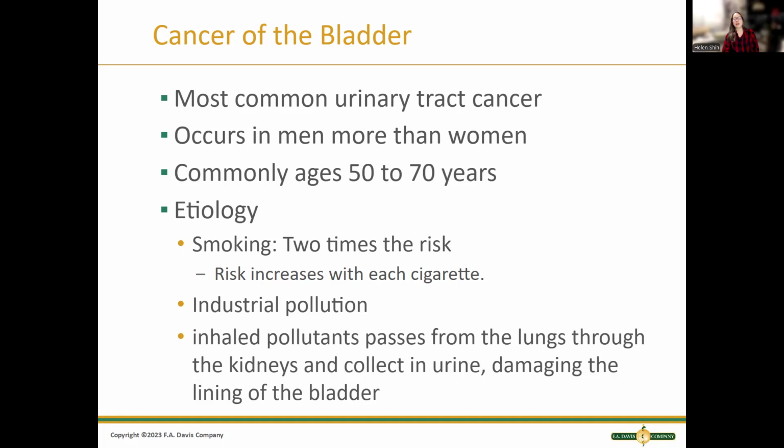So you're inhaling all these pollutants, they're toxic for you, they get into the kidneys, they get filtered out by the kidneys, and they're now sitting in the bladder as urine waiting to come out. These toxins are going to touch the epithelial cells of the bladder and cause genetic mutation to the cells of the bladder, and therefore potentially cause bladder cancer.